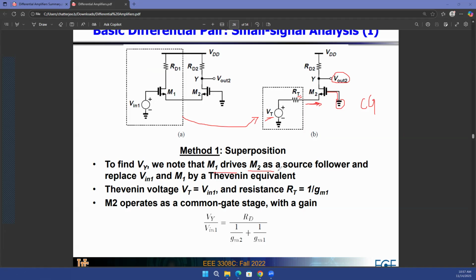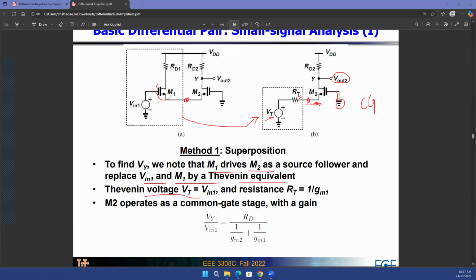drives M2 as a source follower, and we replace V1 and M1 by a Thevenin equivalent. So the Thevenin voltage Vt that is available at the source of this M2, how much is that going to be? What is the voltage that is available at this node?